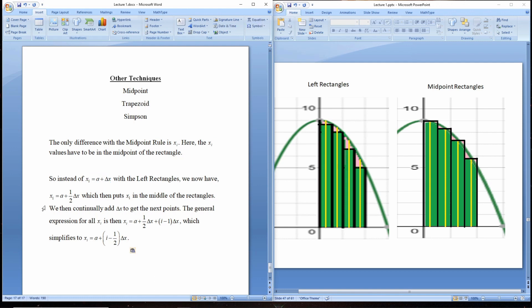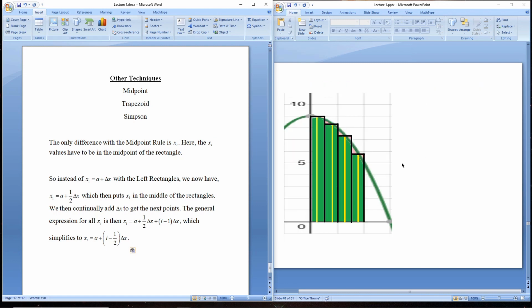We now have our first position, our yellow line, which is going to be our starting position, A. And now to get halfway, instead of doing a full delta x, we're only going to do a half delta x. So our first position, this first yellow line for midpoint, is going to be A plus a half of delta x. And that'll put the yellow line right in the middle of that rectangle. And now to get the next yellow line over, we're just going to simply add a delta x. And let me go to a better picture over here.